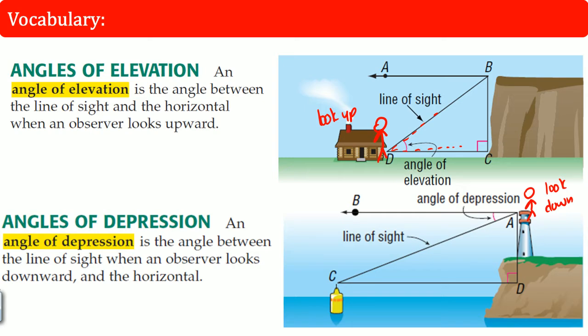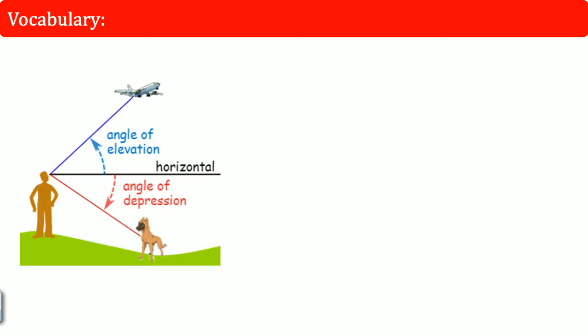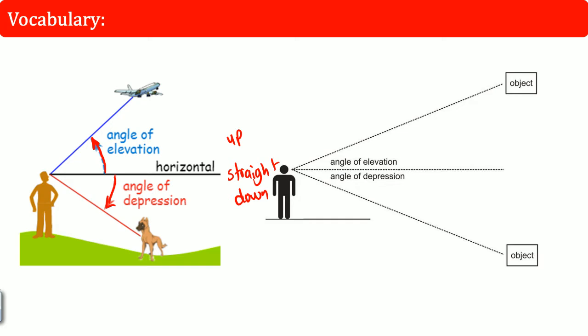An easy way to remember this is that what you're looking straight at is the horizontal line. If you're looking down at this dog, that is the depression line, which is down, right? And if you go up, that is your elevation, like looking at an airplane. That is in its simplest form.